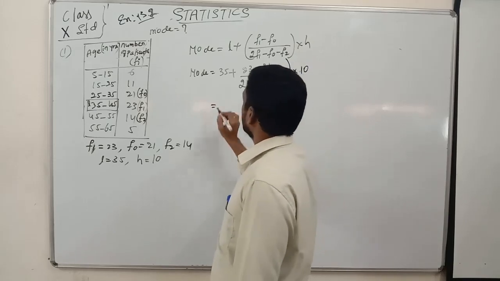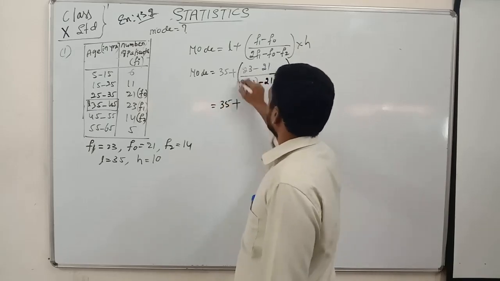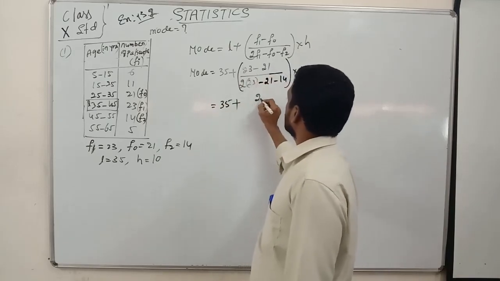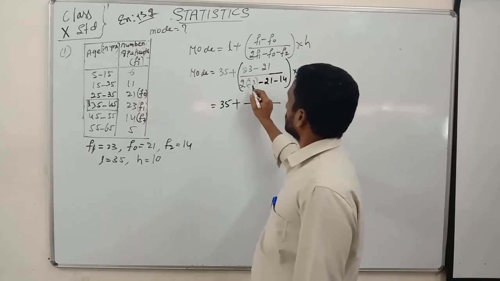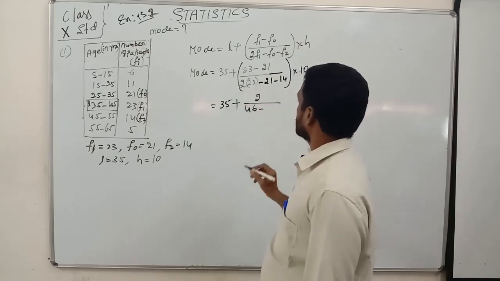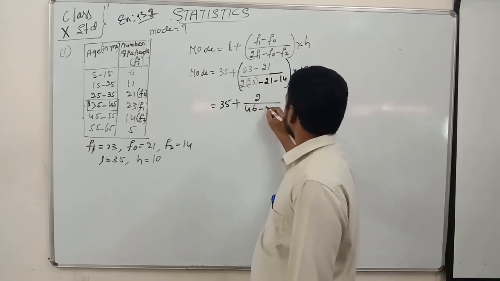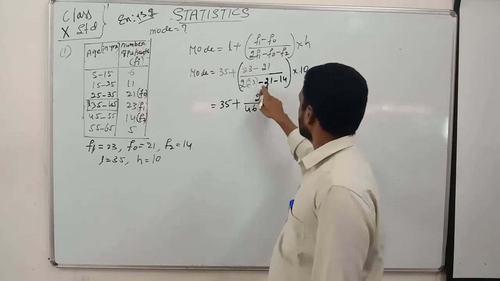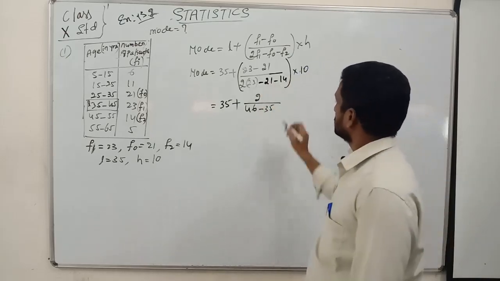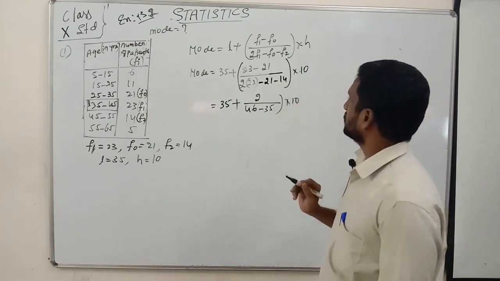That is equal to 35 as it is, plus bracket open, 23 minus 21, that is 2, divided by 23 twos are 46, minus 21 minus 14, so minus 35, because whenever the minus sign is there, add the numbers and write the same sign here, into 10.